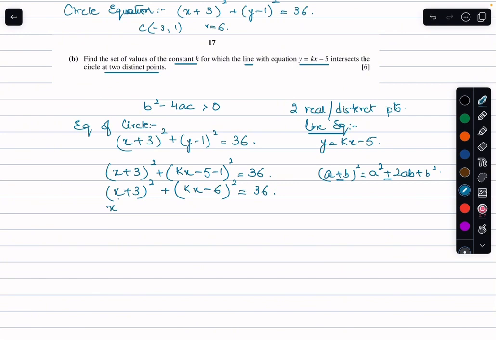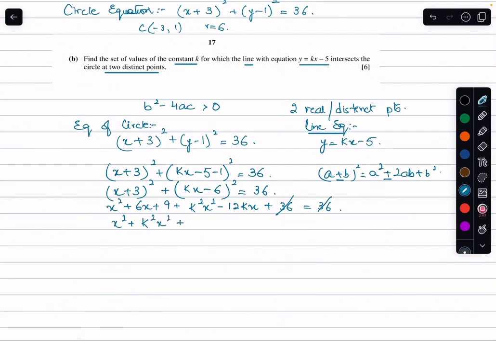So my equation becomes x² + 6x + 9 + k²x² − 2 times 6, that gives me 12kx, and a + 6², which will give me 36, and this equals 36 again. So the 36 on both sides get cancelled. So I am left with x² + k²x².